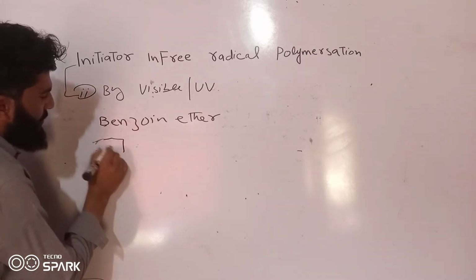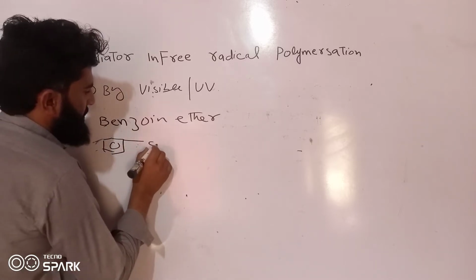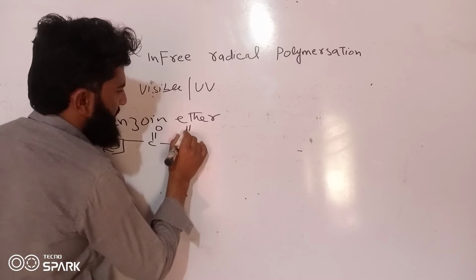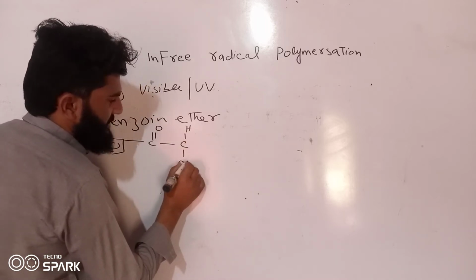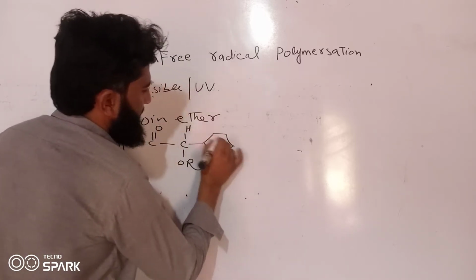For example, this is one benzene ring. Clear? And this is, for example, the carbonyl carbon. This is hydrogen, and this is, for example, the ether, and this is another benzene ring.